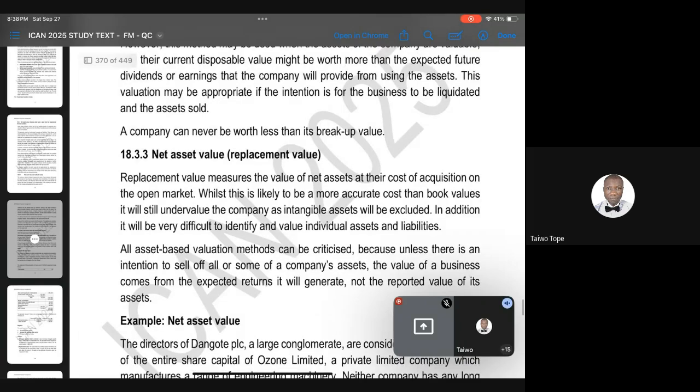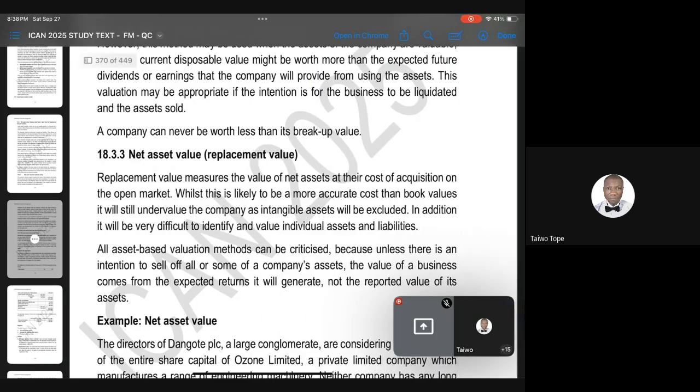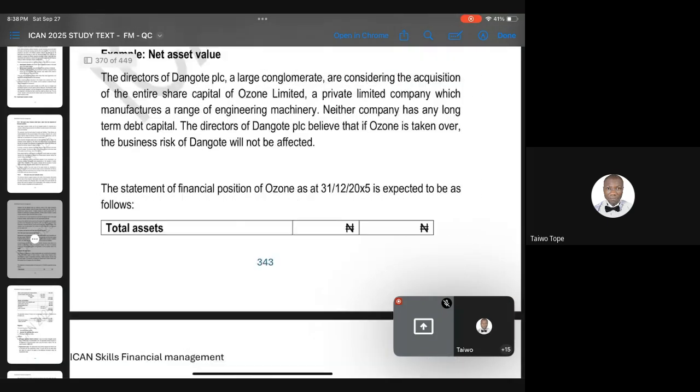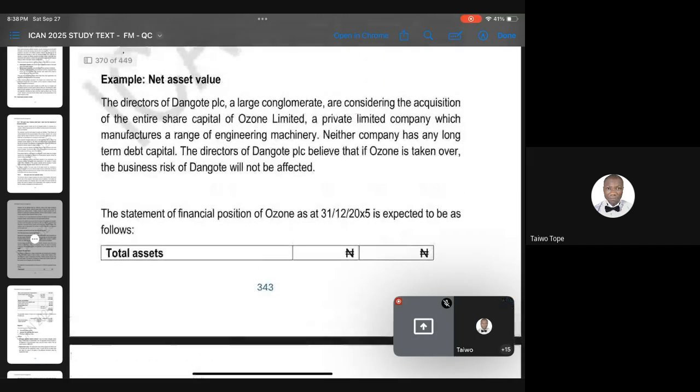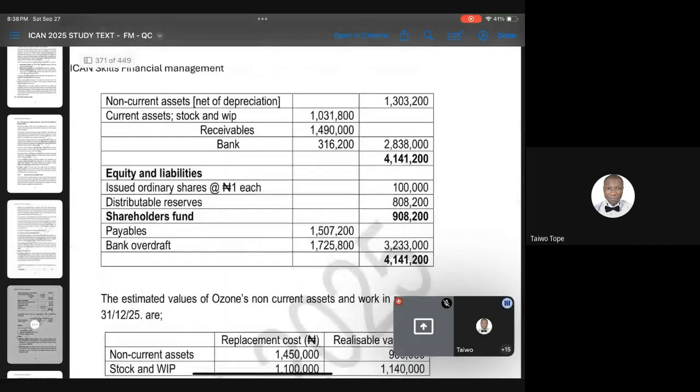Yes. You can go to the replacement value. Yes. You can show us the example, sir. The example. Fine.